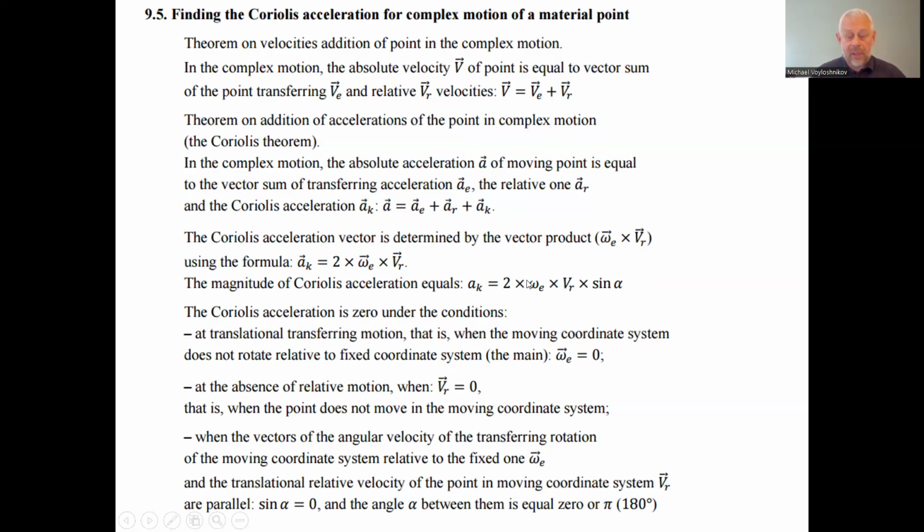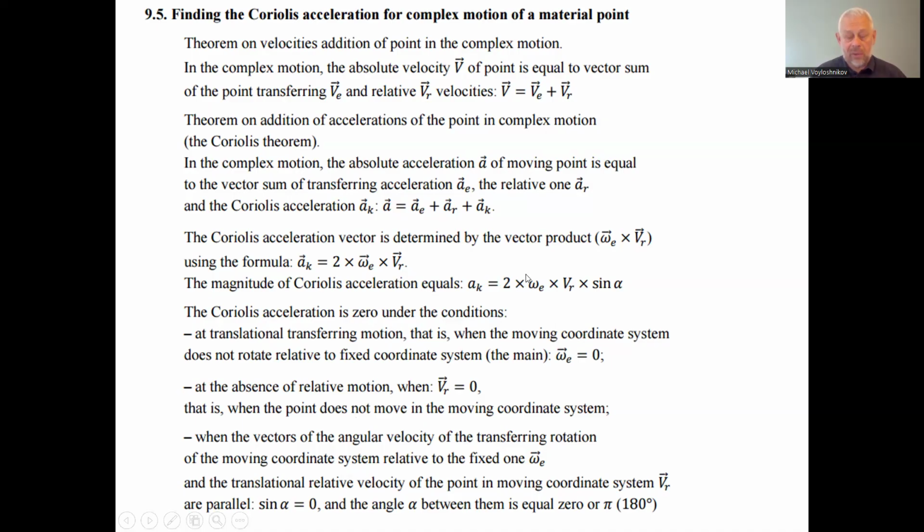Excuse me, not forces, but the vectors. For the vector of angular velocity, usually we use the right screw rule to find the direction of the vector. If we have a rotation, for example of the moving coordinate system, to find the transfer angular velocity, we coincide the right screw with the rotation.